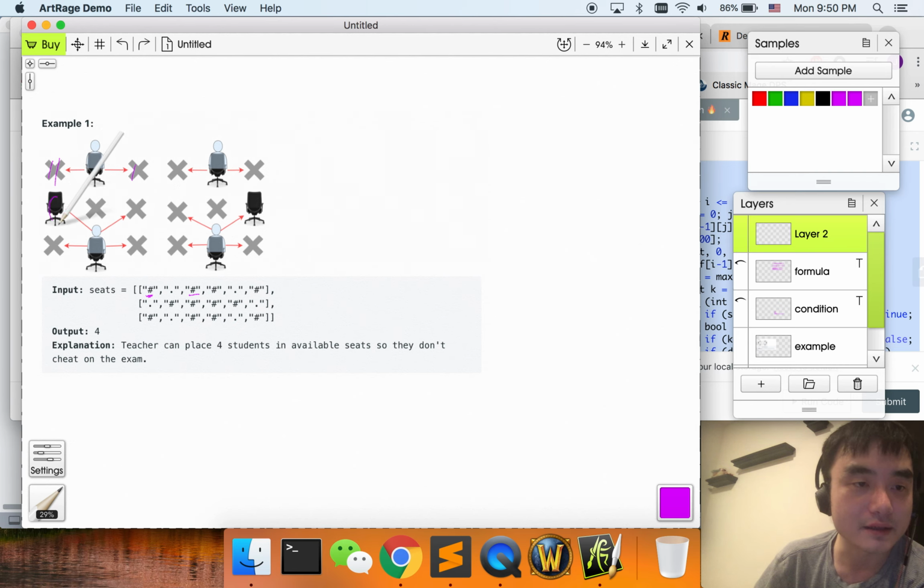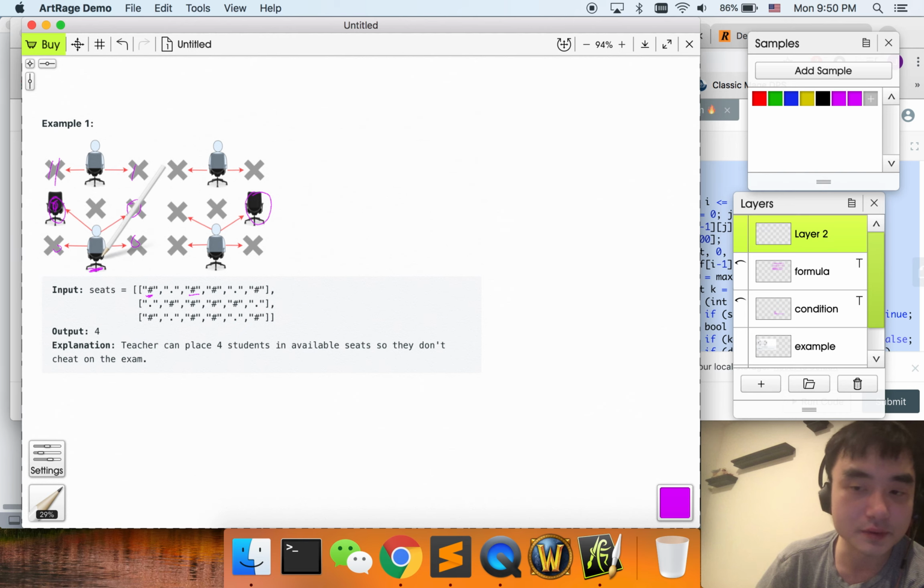Why cannot these two seats be occupied by students? Because if we place a student here, this student can see the students before him, upper right, upper left, and left and right, right?